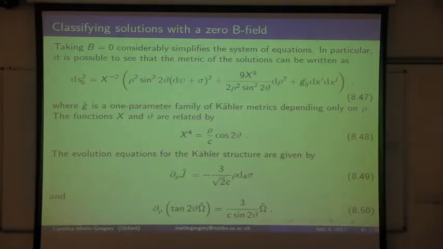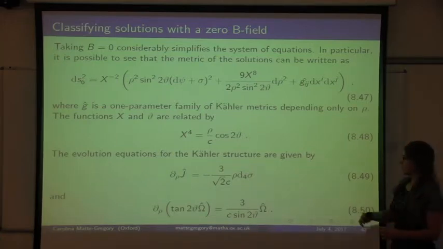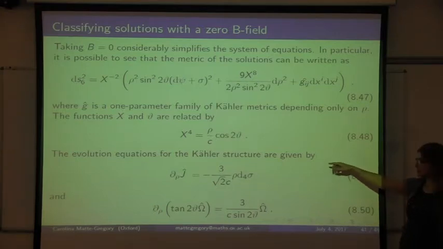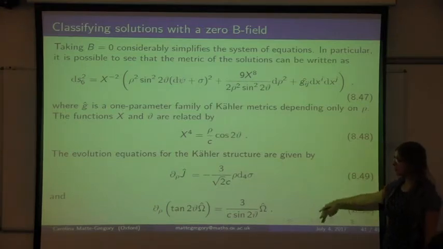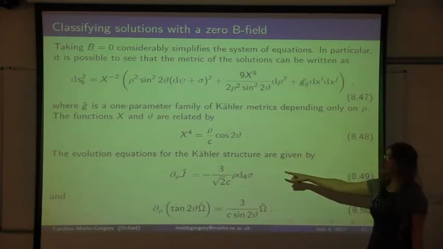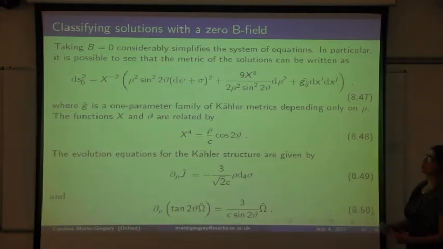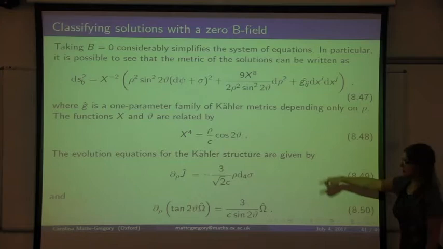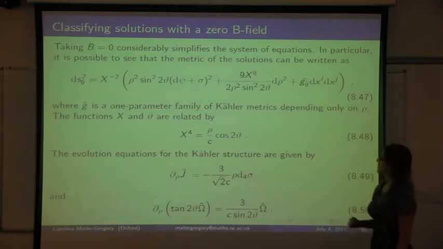And then you can get further differential constraints for this case, and in particular you can look at the evolution equations for this SU(2) structure. So you have this derivative in the rho direction, and then this is how it behaves.